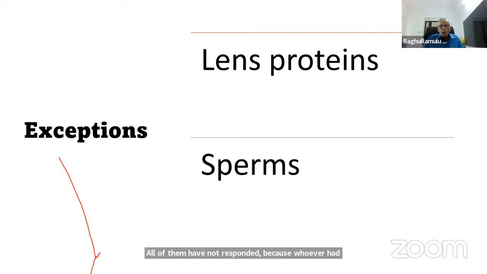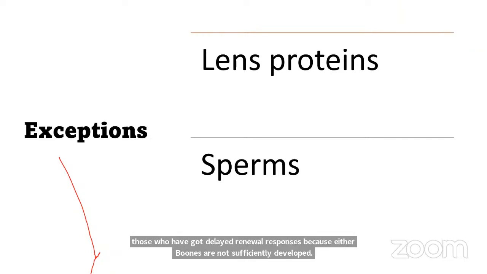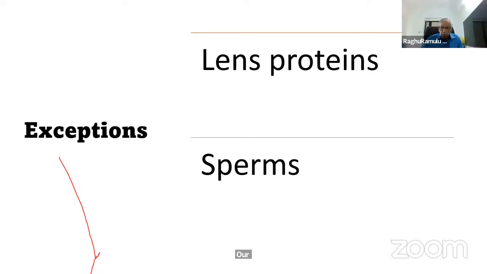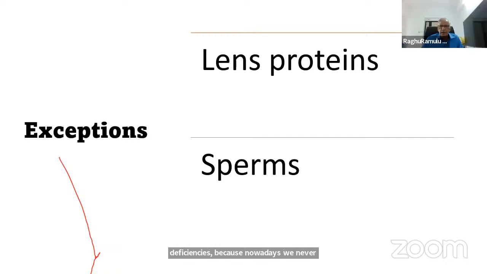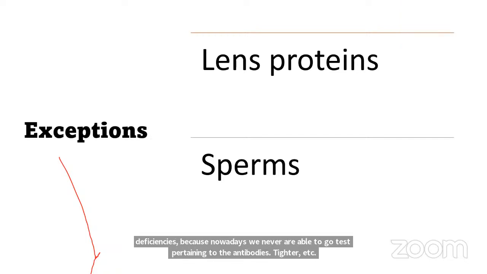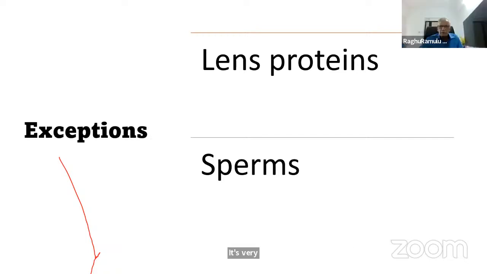But those who have delayed immune responses, because either the bones are not sufficiently developed, or the bone marrow is not there, or they have bone marrow deficiencies or antibody deficiencies, suffer more. Nowadays we never undergo a test for the antibody titer; it's very difficult and costly also. Usually, a healthy individual is defined as one who has sufficient IgA, IgG and IgM titers.